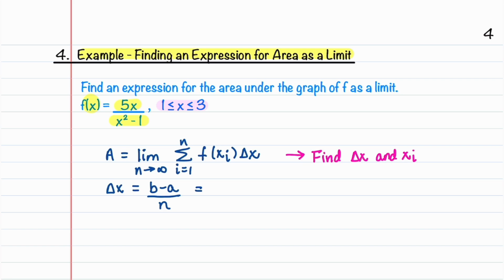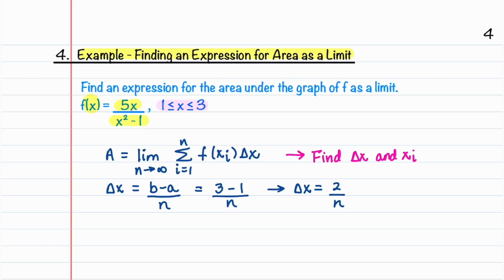B is our right-hand endpoint, and in our case, that's 3. And then a is our left-hand endpoint, and that's 1. And n is our number of rectangles, and that just remains as n. So we have delta x is equal to 2 all divided by n.